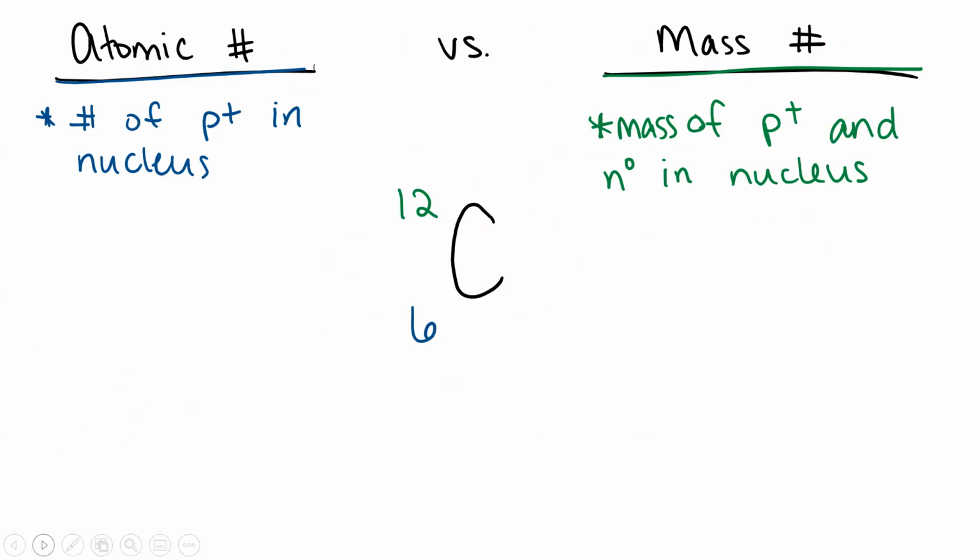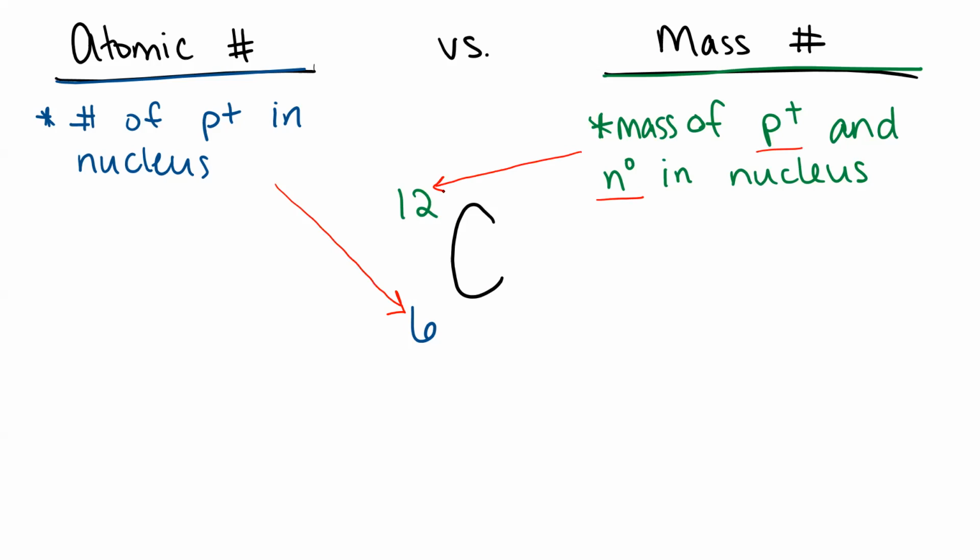And it is usually written right here in our notation. On the contrary, when we're talking about a mass number, this is actually the mass of protons and neutrons in the nucleus. Now, it's important that we remember this well because we denote these numbers differently when we're writing out the notation for an element.